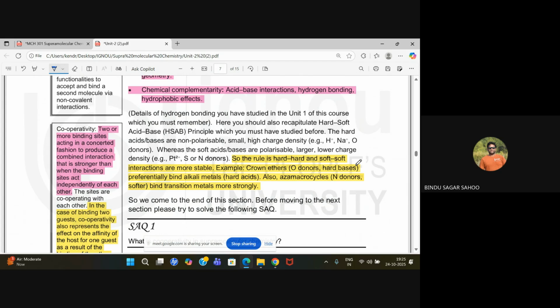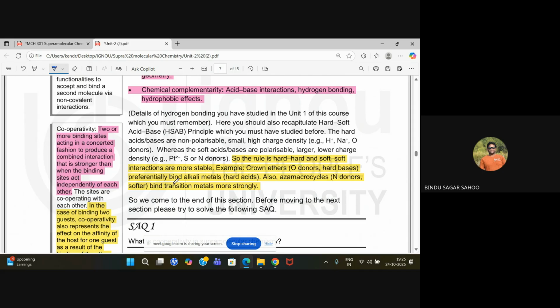You just remember the crown ether example. These oxygens in crown ether complexes trap the cations, just like lithium, sodium, or cesium, which are hard cations, called hard acids. And the oxygen donor atoms that stabilize that type of cations are the hard bases.